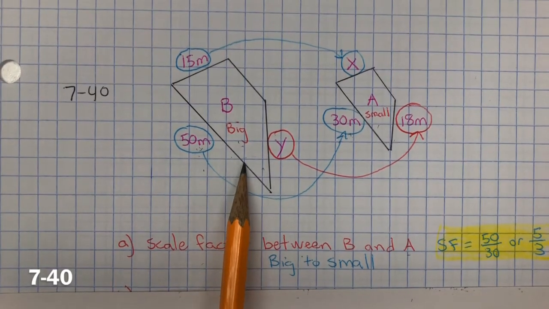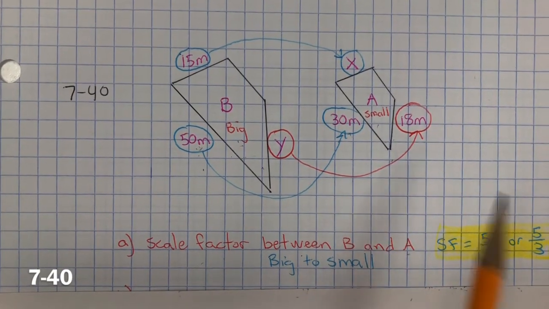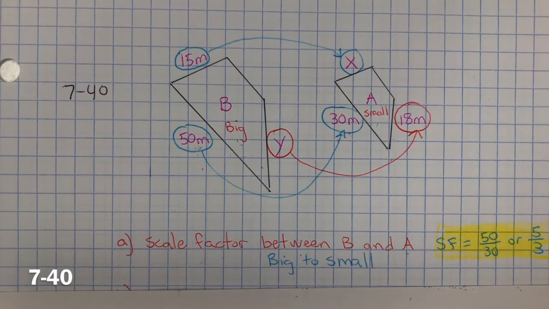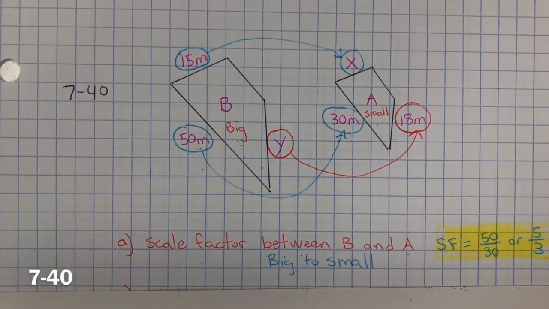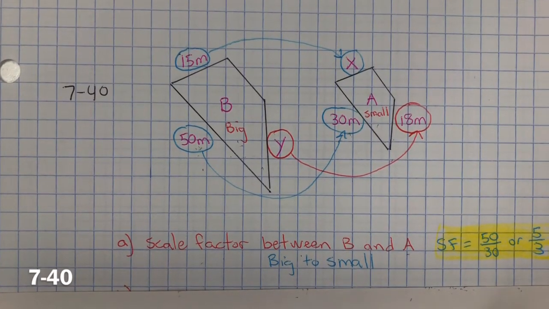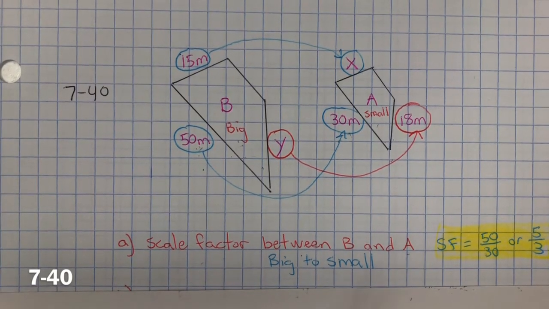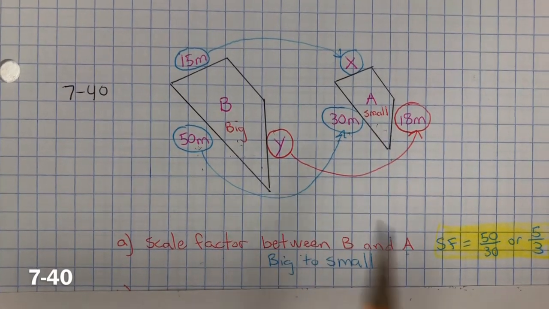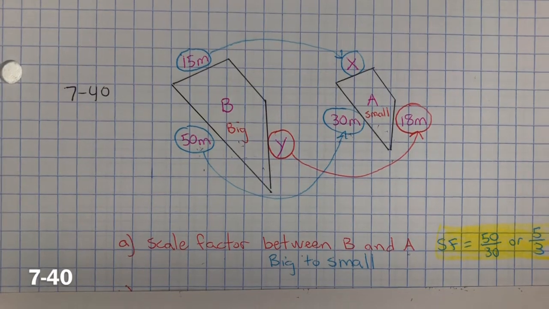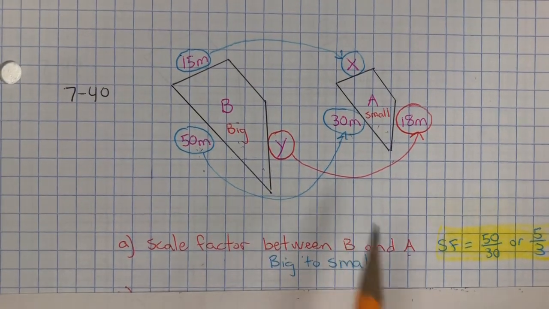If you go from big to small, or B to A, you know you're going to be multiplying by a scale factor that's between 0 and 1, because it's getting smaller. It's a fraction of it. If you go from A to B, it's going to be greater than 1 because it's increasing in size.